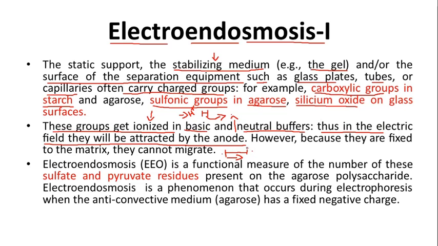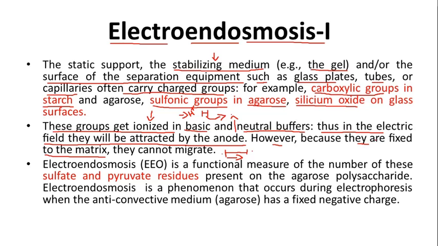So the anode attracts these functional group ions, but those molecules are fixed on the surface or in the matrix, such as the sulfhydryl or carboxylic groups fixed in the matrix.